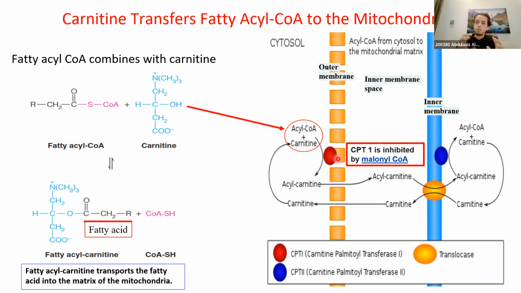The acyl carnitine now enters, and the carnitine will essentially be cleaved by CPT2 after it has entered the mitochondrial matrix. CPT2 will cleave this carnitine, and it will be reused for any new free fatty acid.